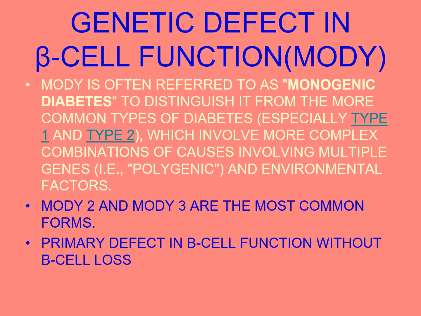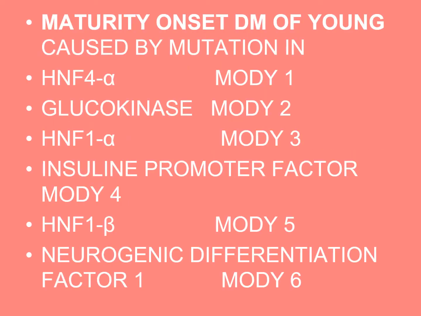So to distinguish it, they have labeled it as MODY, or the maturity onset diabetes of the young, and that is because of the defect in the beta cell, and that is divided into a number of lesions depending upon the gene involved. MODY 2 and MODY 3 are the most common forms, primarily a defect in the beta cell function without beta cell loss. So this is a form of beta cell dysfunction.